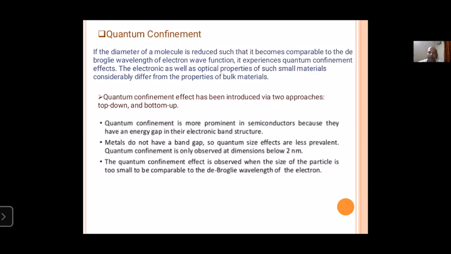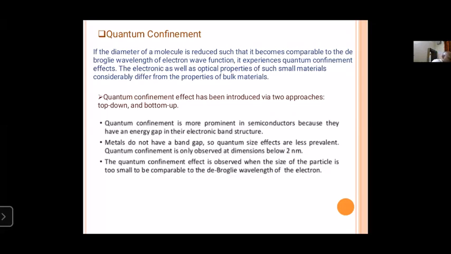Now I'm talking about quantum confinement. Here we reduce the size and length of the semiconductor, which will reduce the motion of an electron in the semiconductor, and the electronic as well as optical properties of such small particles differ considerably from the properties of the bulk material.